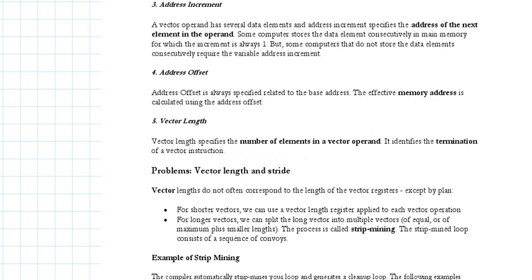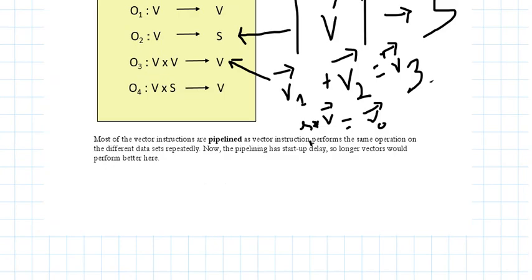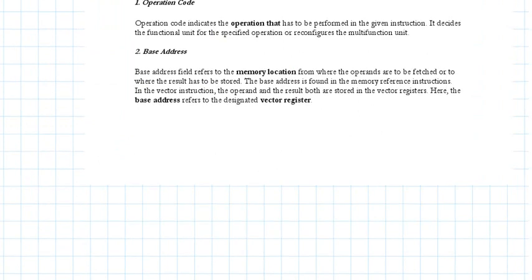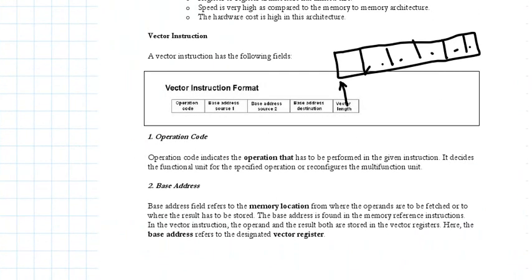Along with this, you need to specify the address increment. So if the address increment is not specified, then what will happen? Say you know the base address and number of elements. Fine. Now, if you don't know the address increment, say A is the base address, then how can you get the second element?